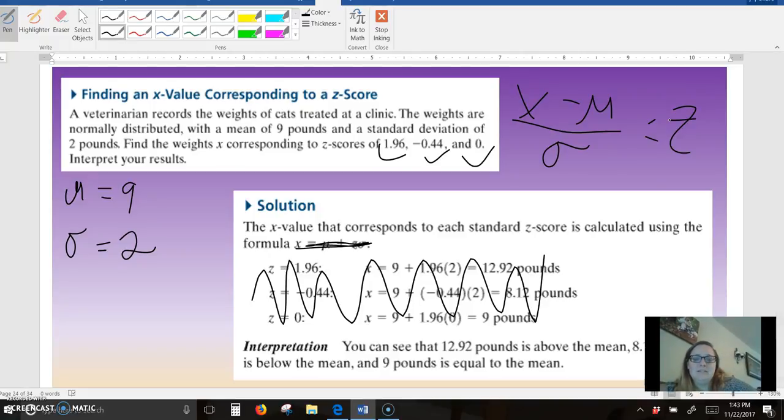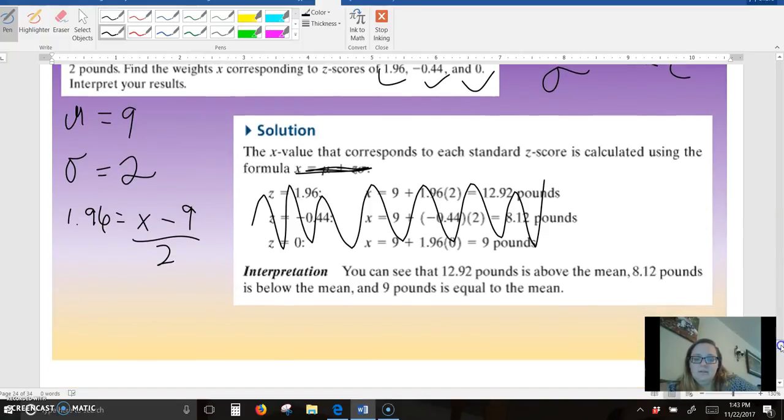For this 1.96 equals x minus 9 over 2, where we don't know x. To solve this, I'm going to multiply by 2 on both sides.